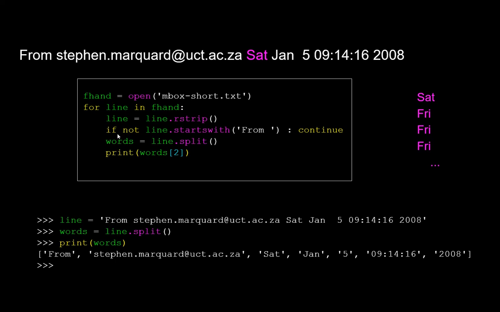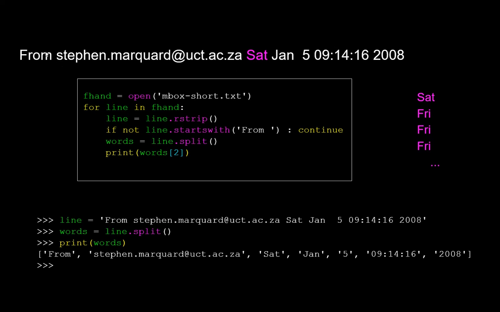If the line does not start with From, we don't care about this, we go back. We are only interested in the lines that start with From. For those lines, we use the split function upon this line.